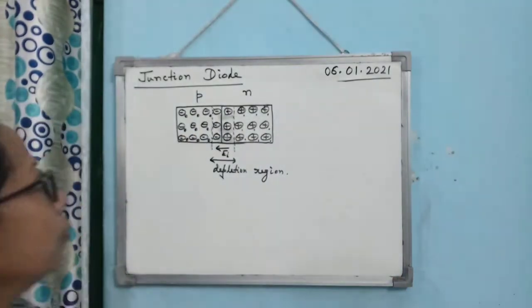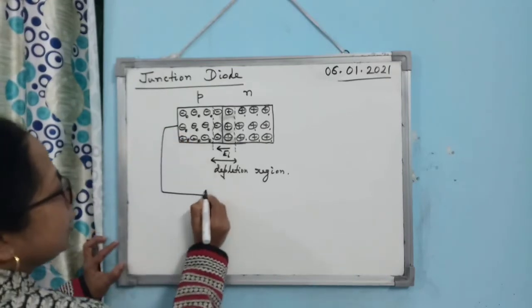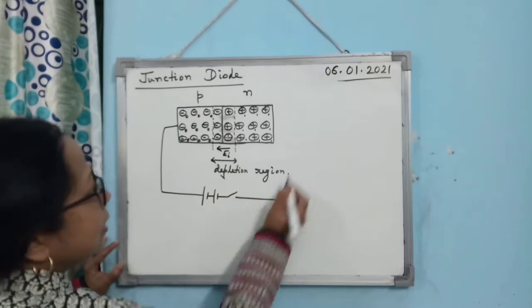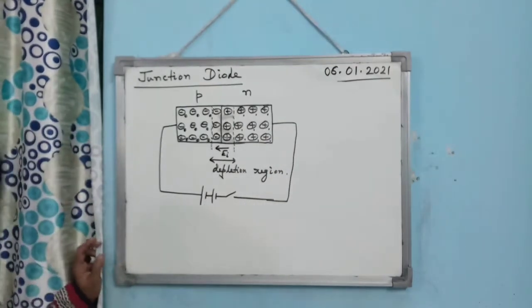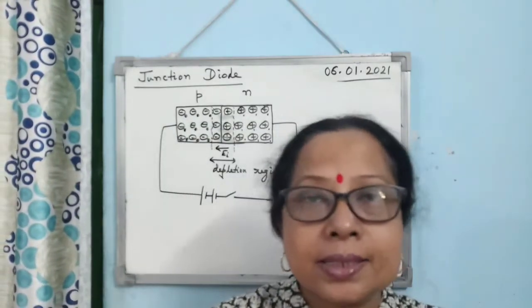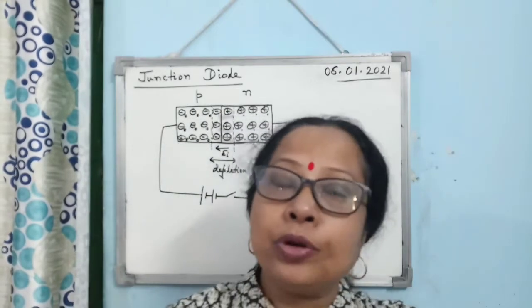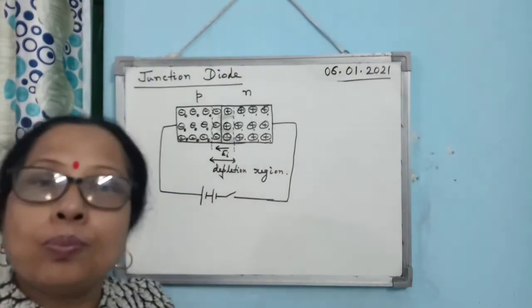Alright, now connecting the p-type region to the positive terminal of a battery and the n region to the negative terminal of a battery is known as biasing. Alright, what is biasing? Biasing means joining the p region to high potential and joining the n region to low potential.